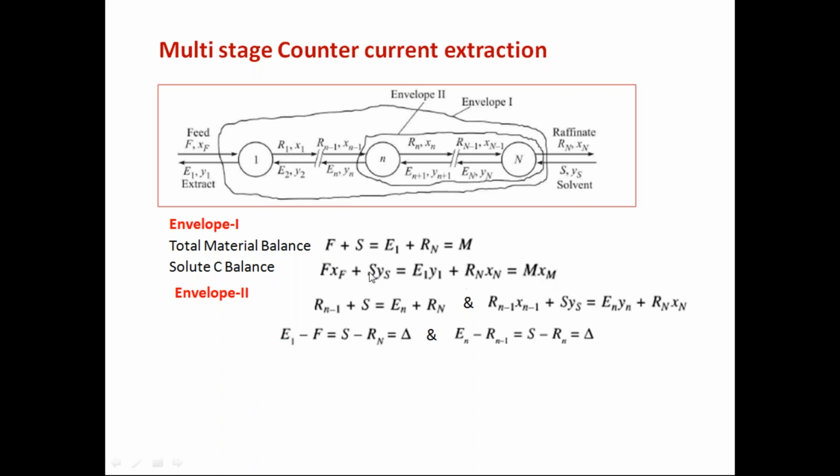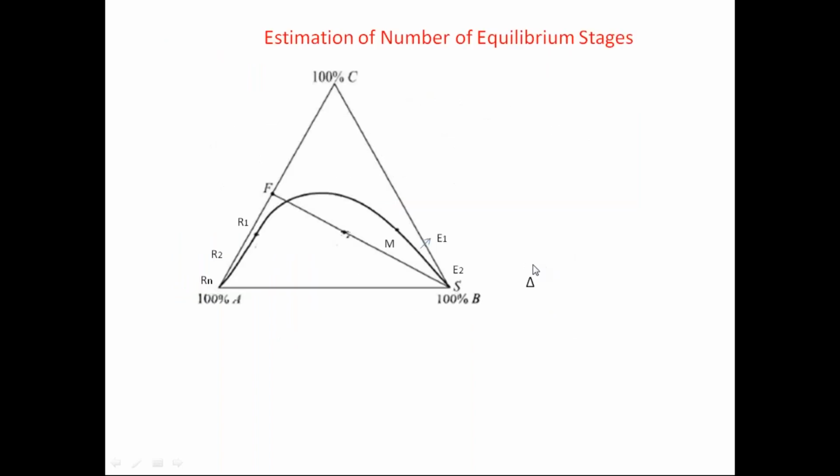So xM is equal to F into xF plus S into yS divided by M, and M is again equal to F plus S. Therefore, you can calculate the xM. Once you calculate the xM, then vertically you should see how much percentage it is. Then you can put the M point. Then Rn and M can be extended so that you will get the E1. So that is how you will get the E1 point.